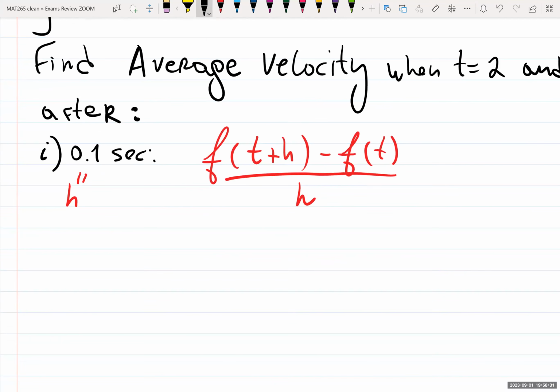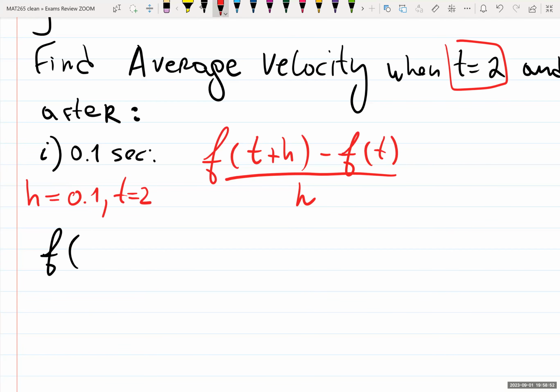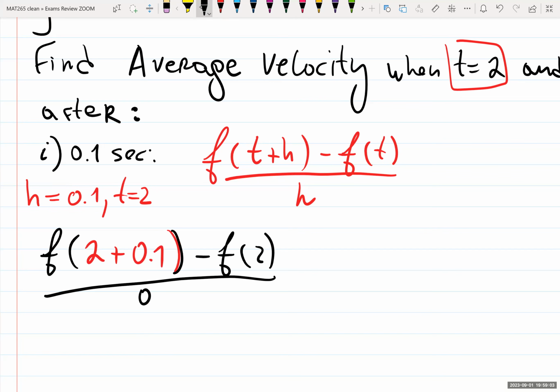Let's write it down. Given h is 0.1 and t equals 2, I will have f at 2 plus 0.1, just add up right away, minus f at 2, divided by h, which is 0.1. And then they're making this interval smaller and smaller, which is exactly how a limit is created.